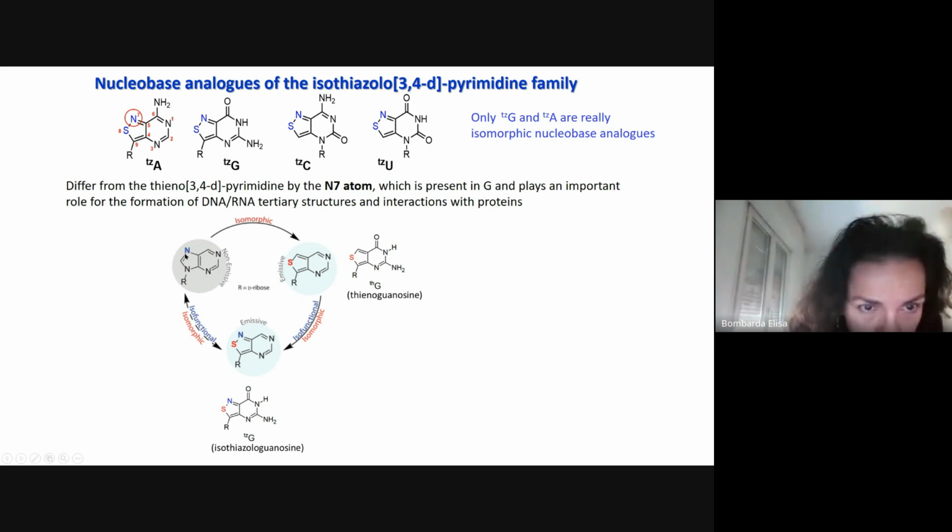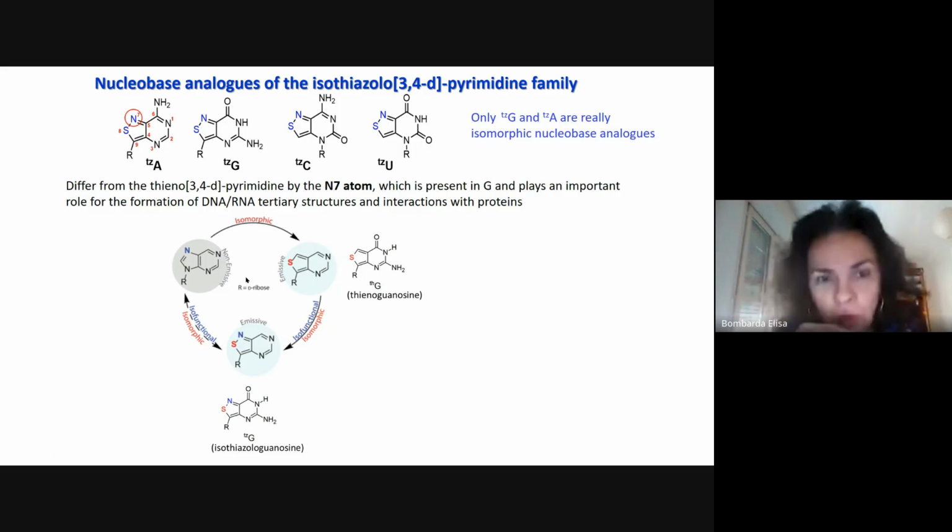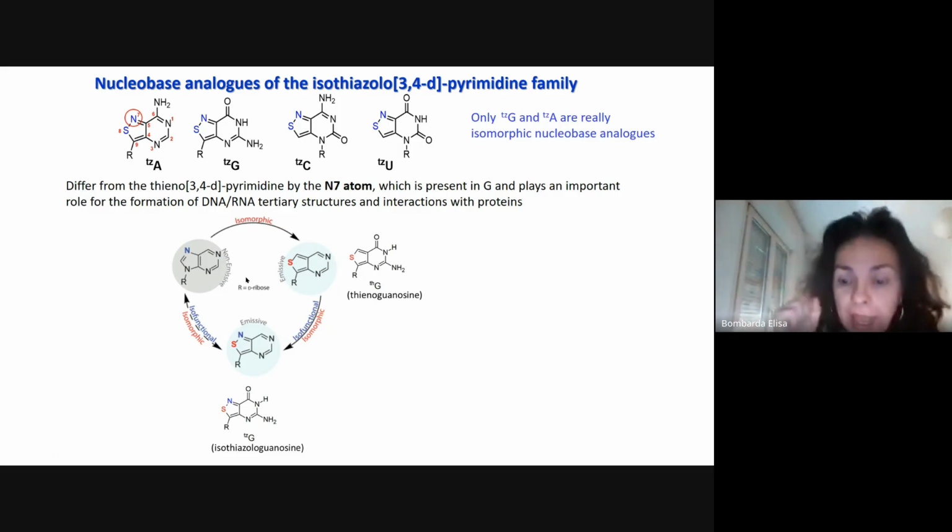So there is a nitrogen here, which is not there in thienoguanosine, but is there in isothiazologuanosine. That is the guanosine analog. And that is extremely important because it plays an important role in the formation of DNA or RNA tertiary structure, and in the interaction with proteins.